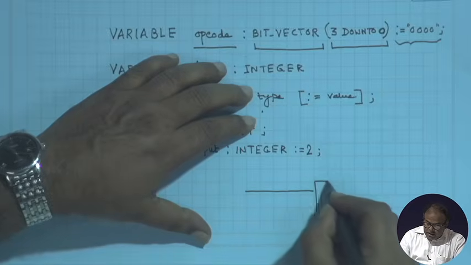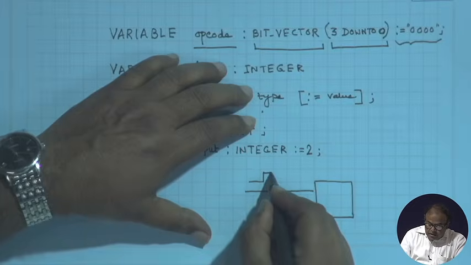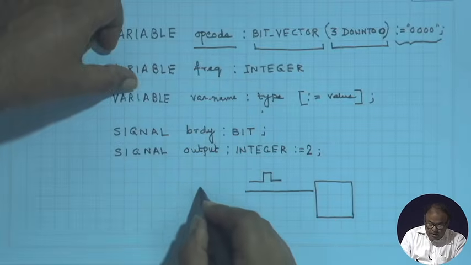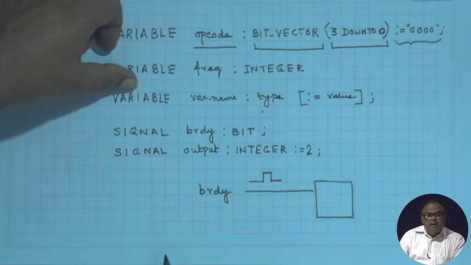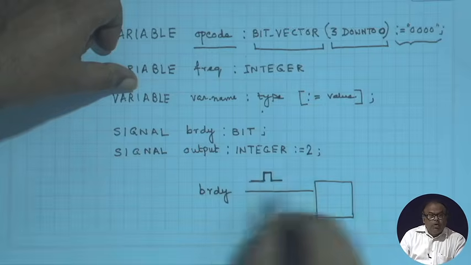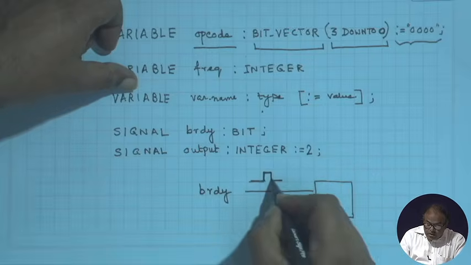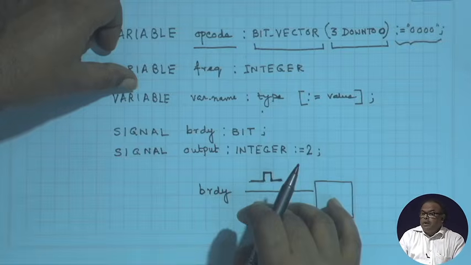Say a wire is carrying a signal, say the bus ready BRDY signal. So, this signal will come here, will be sensed, and when it goes, it is no longer available on this wire.